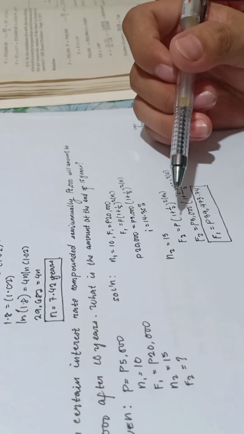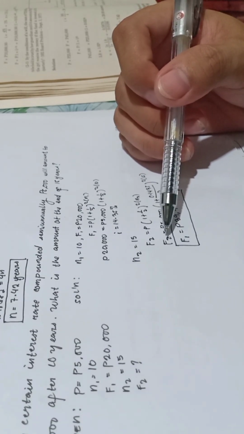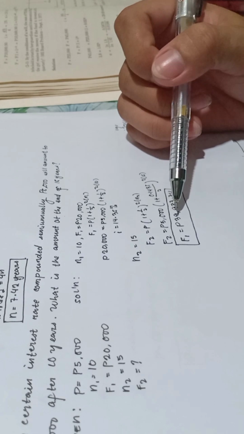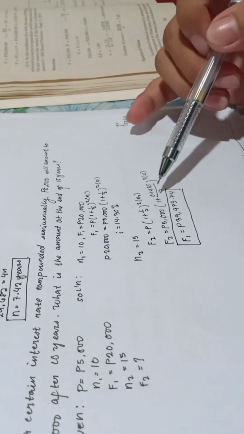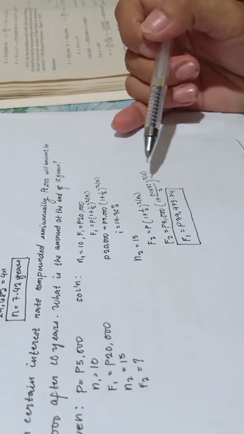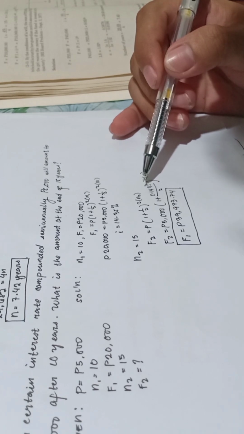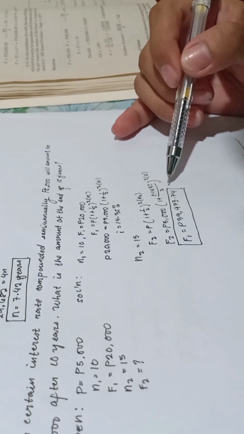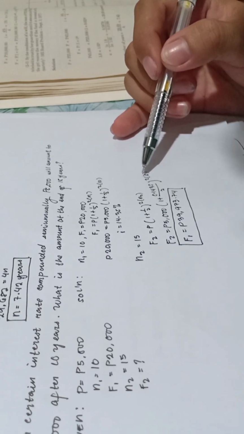So here F2 is equal to the principal or present worth, which is 5,000 pesos, times the quantity of 1 plus 0.1435 over 2, then to the power of 2 times 15.